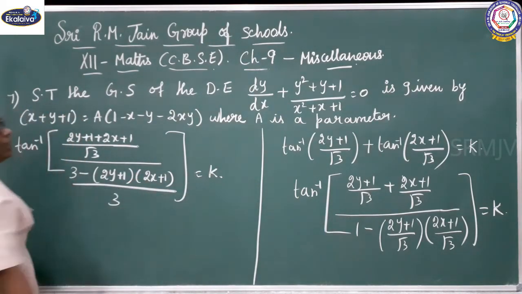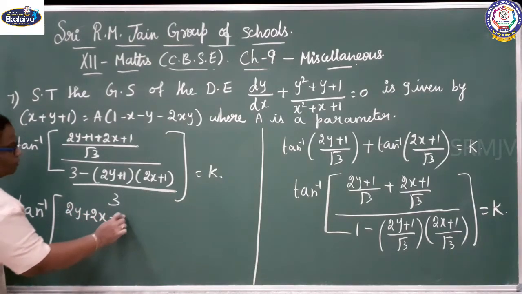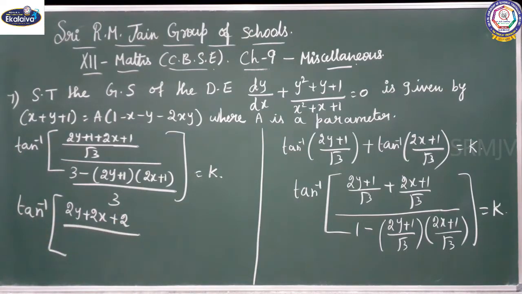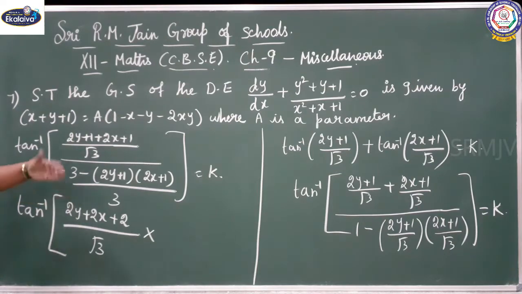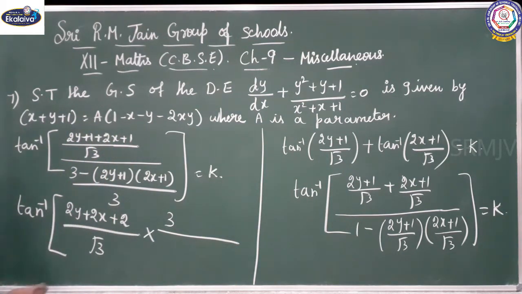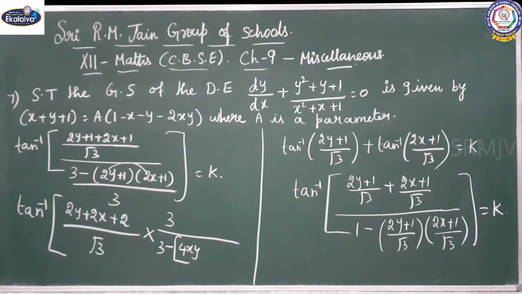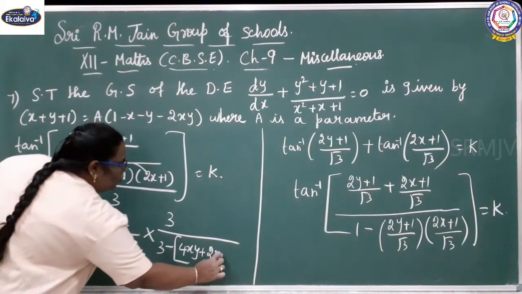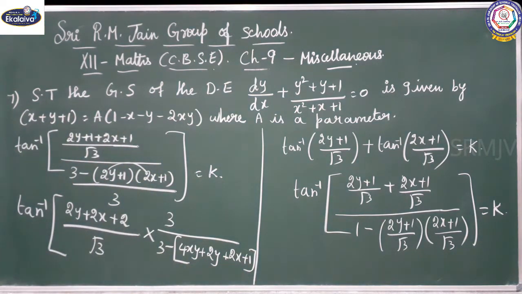It is equal to K. So you take the reciprocal since it is in division: 2y plus 2x plus 2 by root 3 into 3 minus, multiplying inside, 4xy plus 2y plus 2x plus 1.